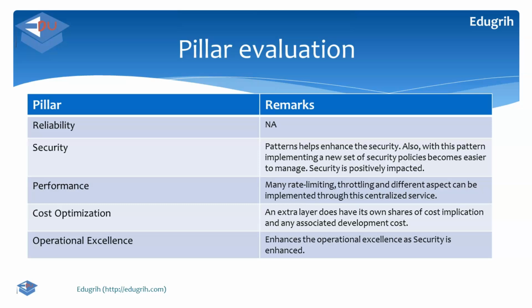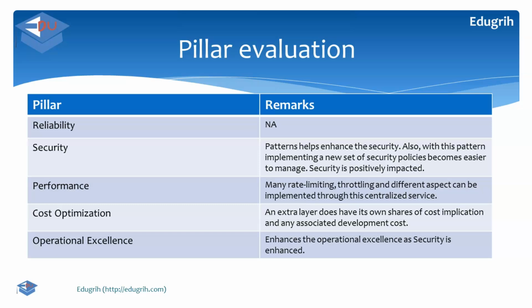Performance. Rate limiting, throttling, and different other mechanisms which are required for managing a high scale application can be implemented through this particular pattern. Operational excellence and cost optimization. Cost optimization gets impacted because we have an extra layer implemented.